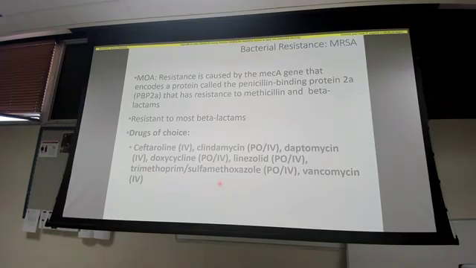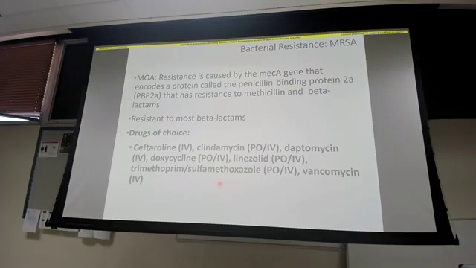And then when we look at our MRSA, this one you need to know all of them because you can use all of these typically as first lines. This is one of the ones that you're going to see a lot. Thankfully, a lot of our drugs still work against MRSA. So you have ceftaroline, which is typically not one of the first ones you're going to go to, more restricted, but we'll talk about that.